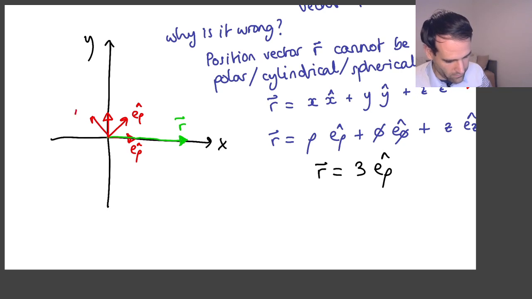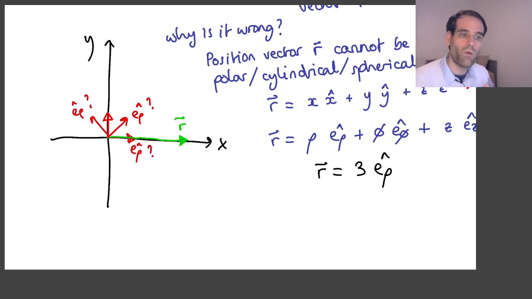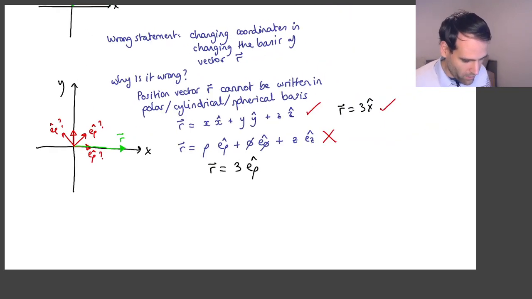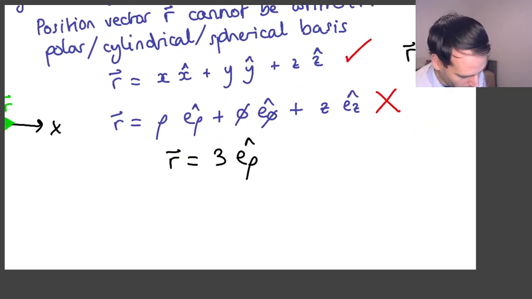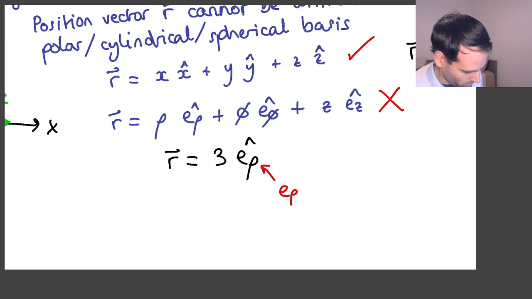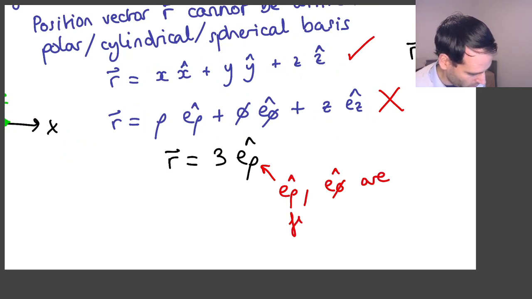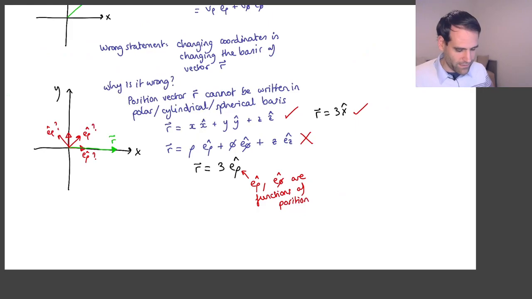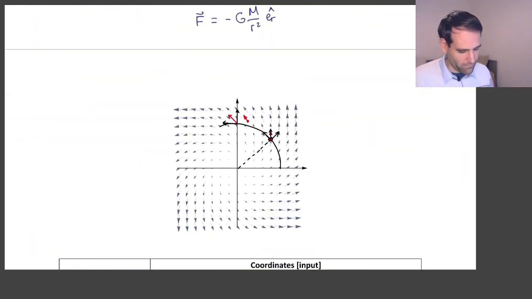Or is it in this direction? We don't know. Why do we not know? Because e rho hat is a function of position. E rho hat and e phi hat are functions of position.